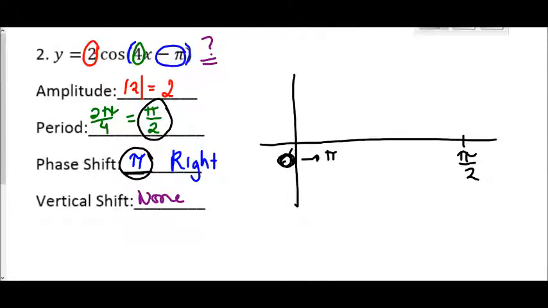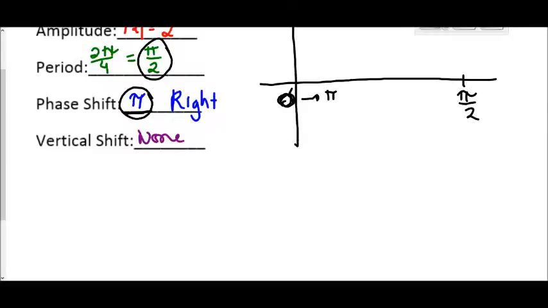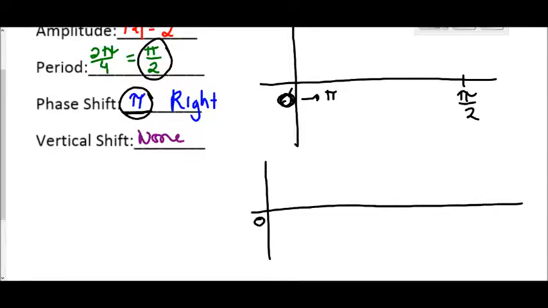So our new graph, I'm going to come down a little bit. This will still be 0, but we're going to start our graph at pi. And we're going to shift this to the right pi as well. So pi over 2 plus pi, so if that's pi over 1, we need them to have the same denominator.